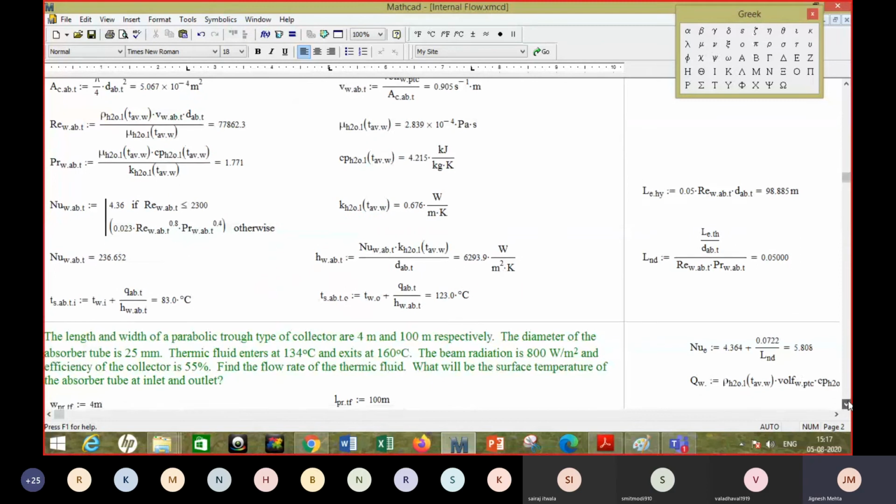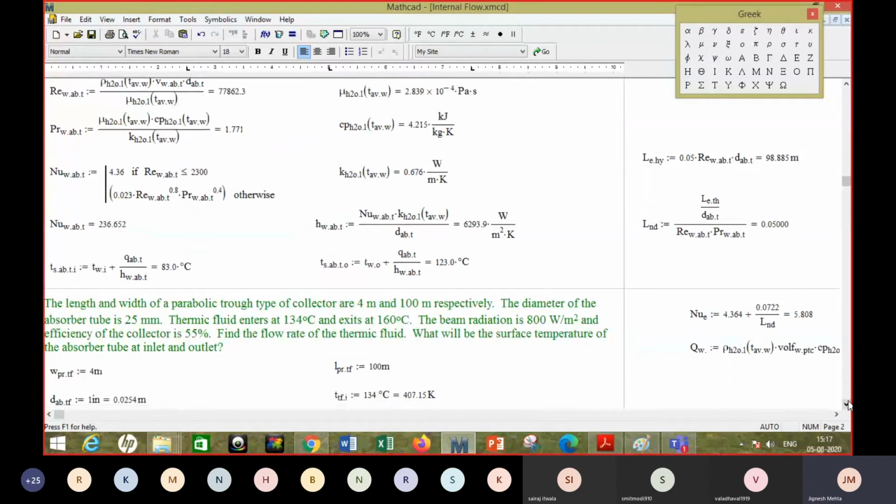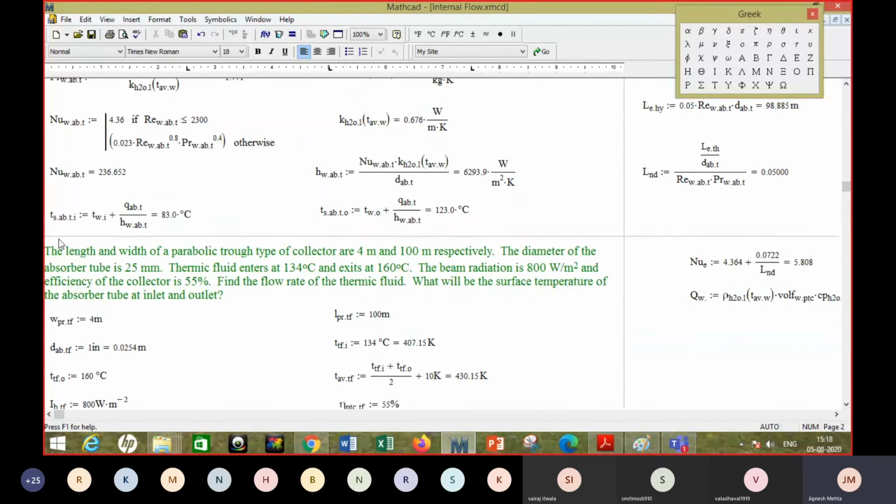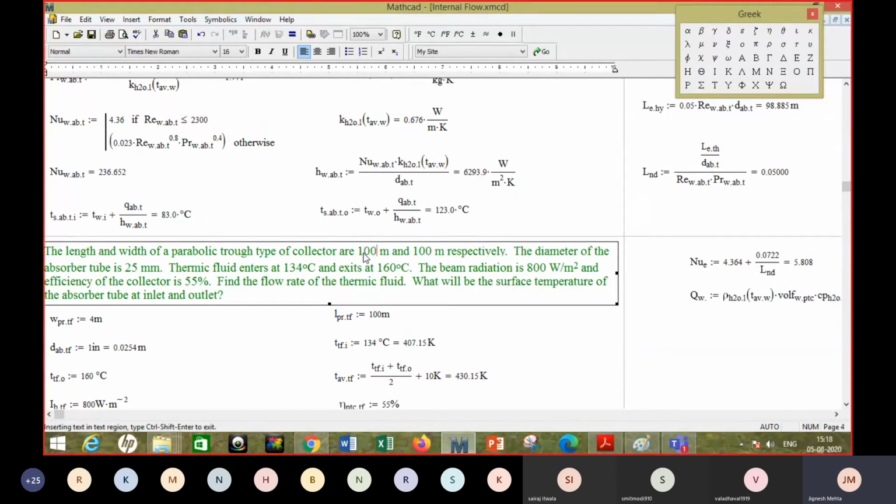You can write down this example: the length and width of a parabolic trough type of collector. So it is 100 meters is the length of the parabolic trough, and 4 meters is the width of the parabolic trough, and the diameter of the absorber tube, the receiver tube through which you are going to pump the liquid.